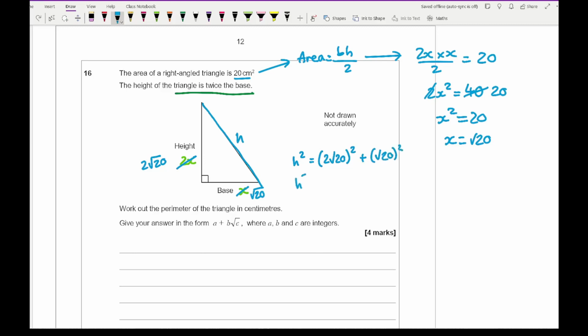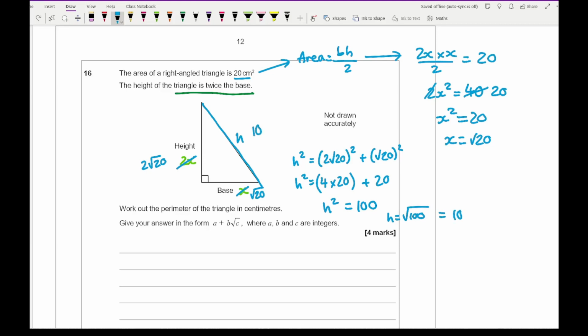Now h squared equals, square the 2, that gives me 4, square the root 20 and that gives me 20. So that becomes 4 times 20, and again the square root and the square cancel out, so that just becomes 20. So h squared equals 100, meaning that h equals 10, which is the square root. So let me just write that down. h equals the square root of 100, which equals 10.